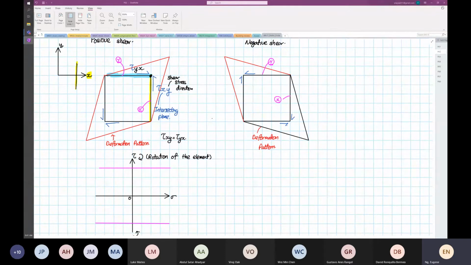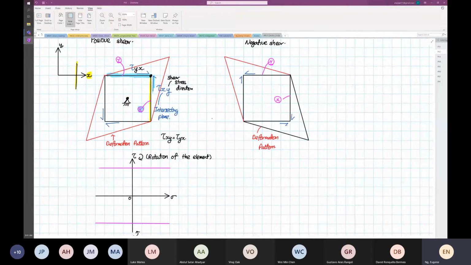Let me elaborate. Let's look at point X now, where I'm highlighting. The stress at point X is going upwards. Now, if we put a pin in the center, the element is able to rotate.